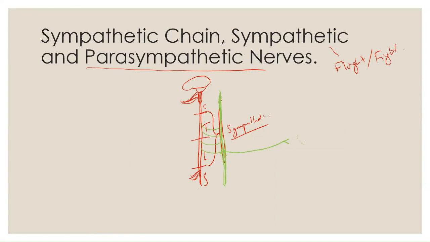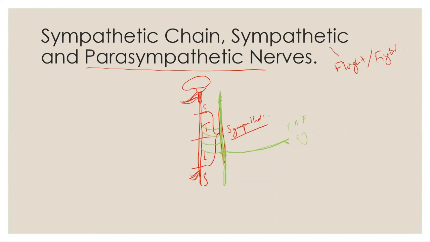So if you take, for example, the heart, these nerves supply the heart, and if you are running, it will activate the sympathetic system and increase the heart rate.